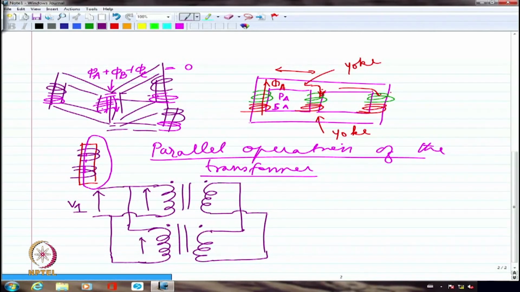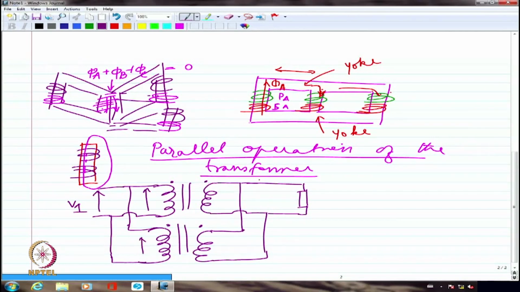Now if I want to connect a load: if it is on open circuit, that's it, I'm not doing anything further. If I have to connect the load, I connect it here. Right? The load is common to both of them.